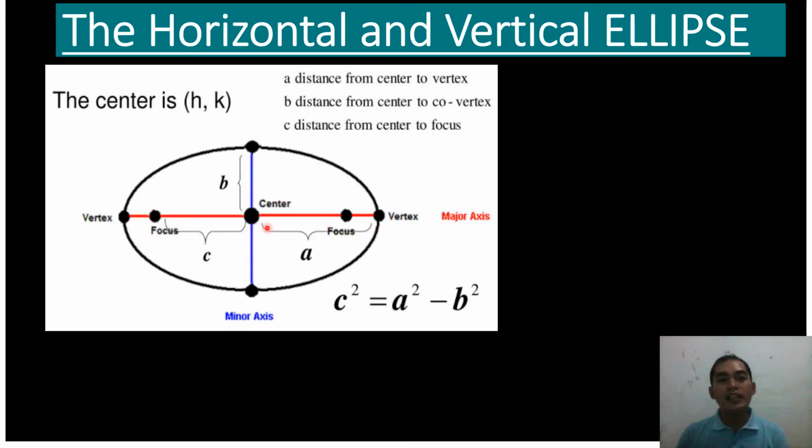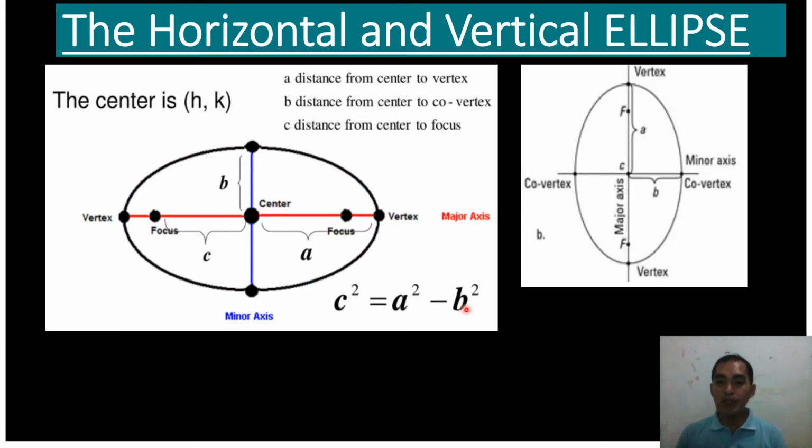Okay? The length of the minor axis is 2b. The length of the major axis is 2a. The focus is represented by C, while the vertex is represented by A, and the co-vertices is represented by B. And this is also another illustration of an ellipse, vertical yung major axis niya.